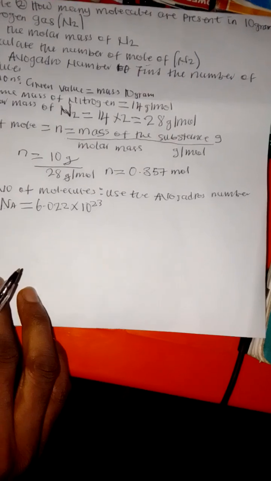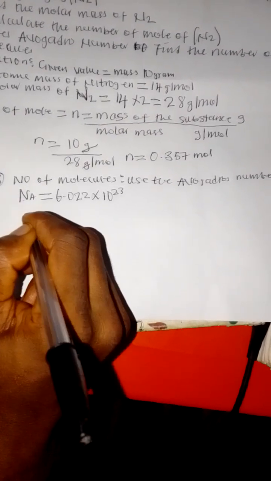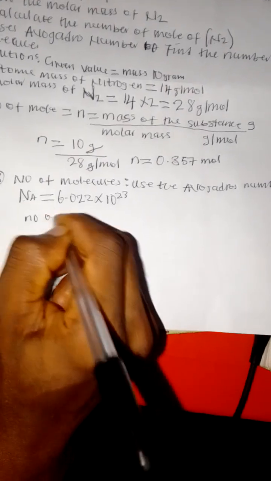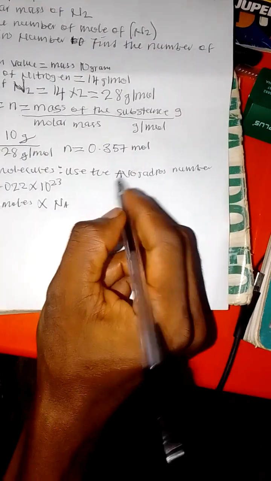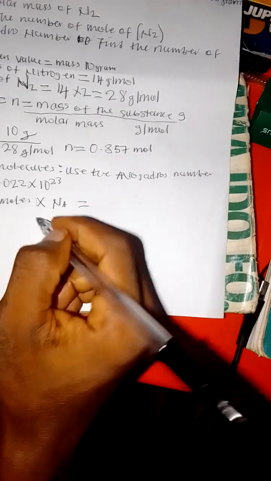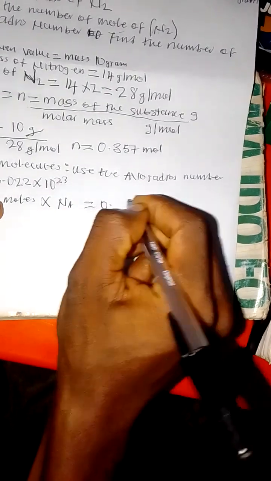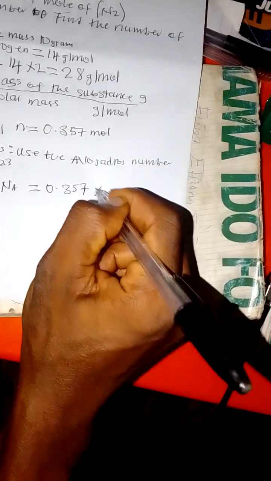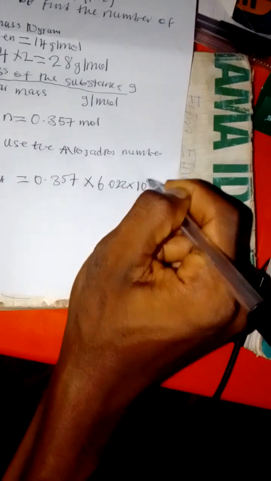So to calculate the number of molecules, the equation is number of moles times Avogadro's number, which is equal to the number of moles that we have just calculated, 0.357, times the Avogadro's number, 6.022 times 10 raised to power 23.